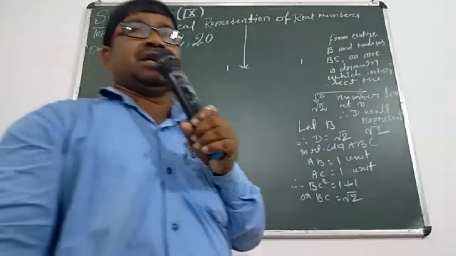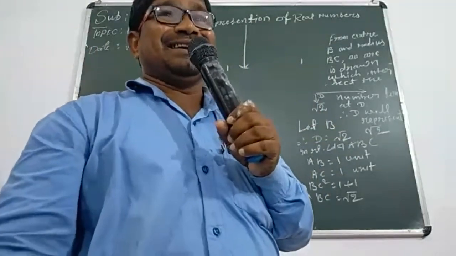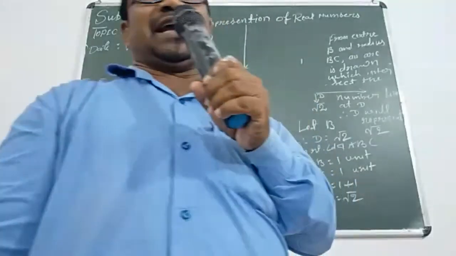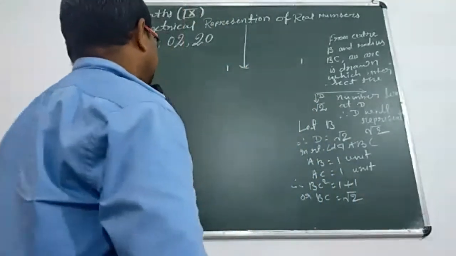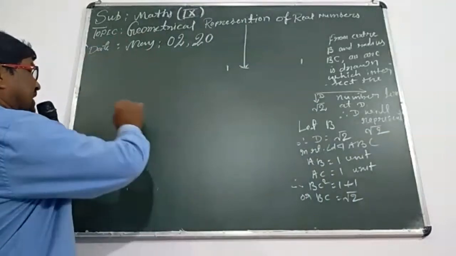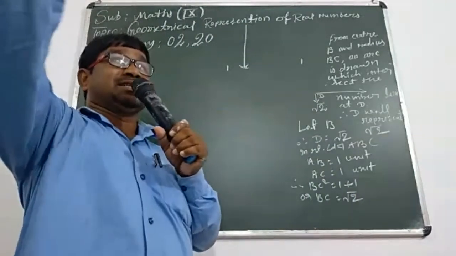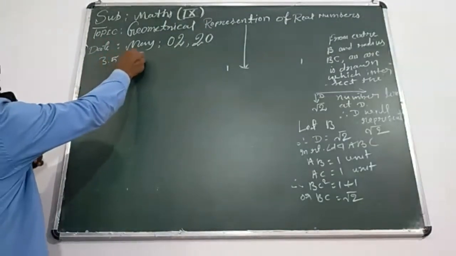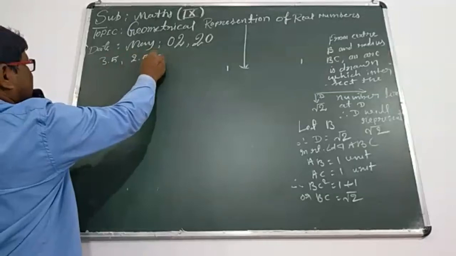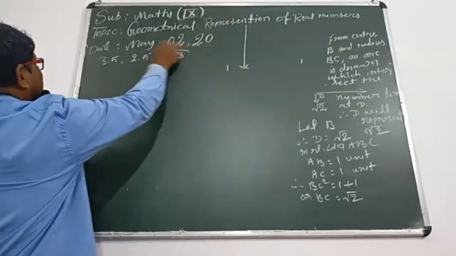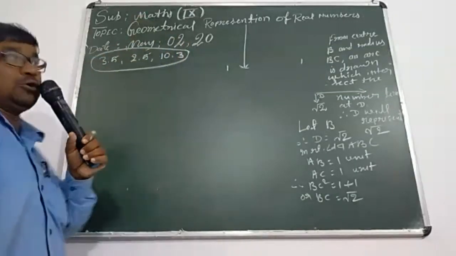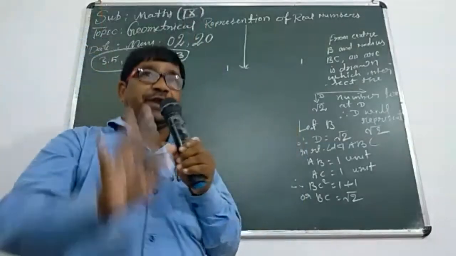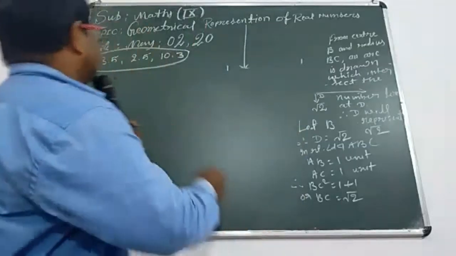Representation of real numbers on the number line, just like 3.5, 2.5, 10.3, etc. Think the second point, representation of real numbers on the number line, just like 3.5, 2.5 and 10.3 etc. How will we show these types of numbers on the number line now? Okay, are you ready? Fine.